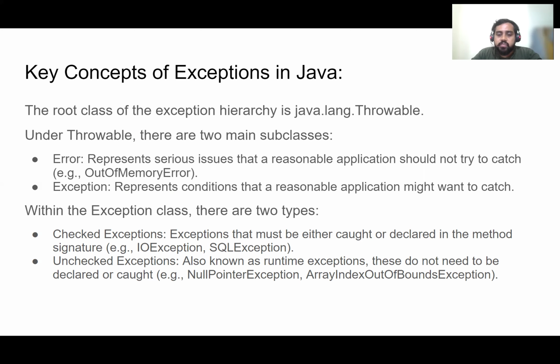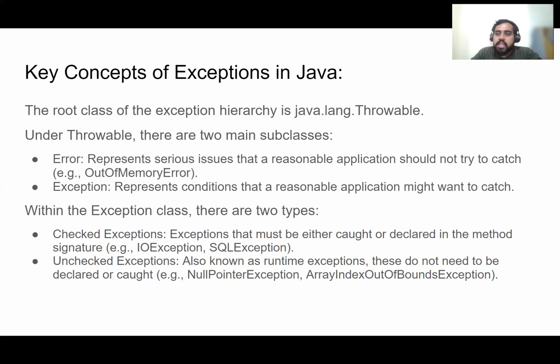This type of issue we call an error, which represents serious issues that our application should not try to catch. But an exception represents some condition that our application might want to catch, because we want to know what causes it, apart from a hardware issue, like invalid data or dividing a number by 0.